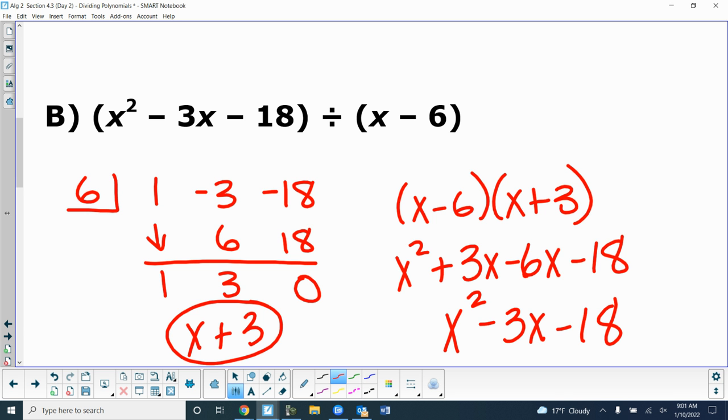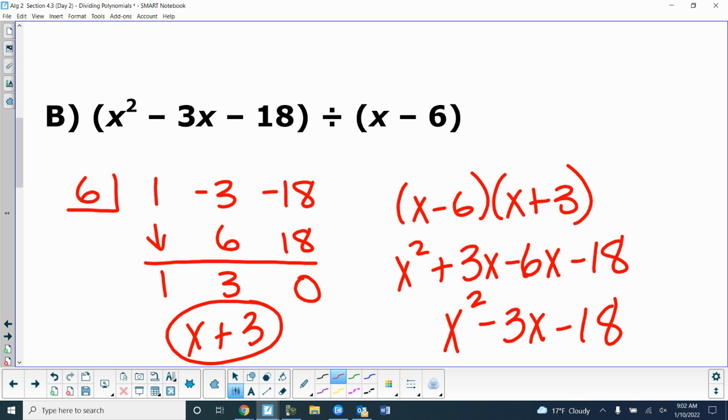Wow. Okay? So when there's no remainder, let's think about this. If I start out with that trinomial and then I get x minus 6 times x plus 3, what did we call those with respect to that? Did we call them factors?